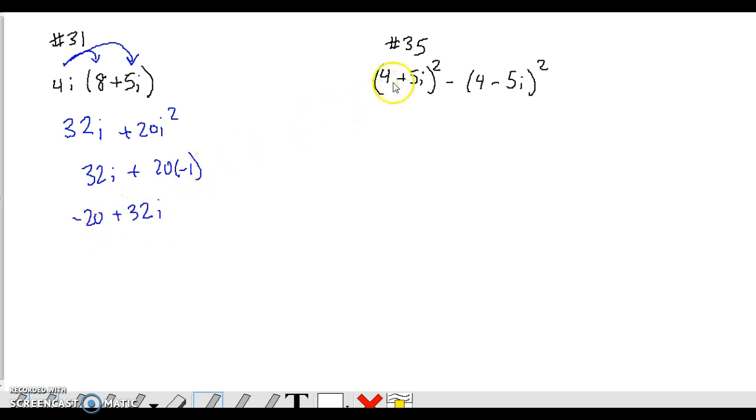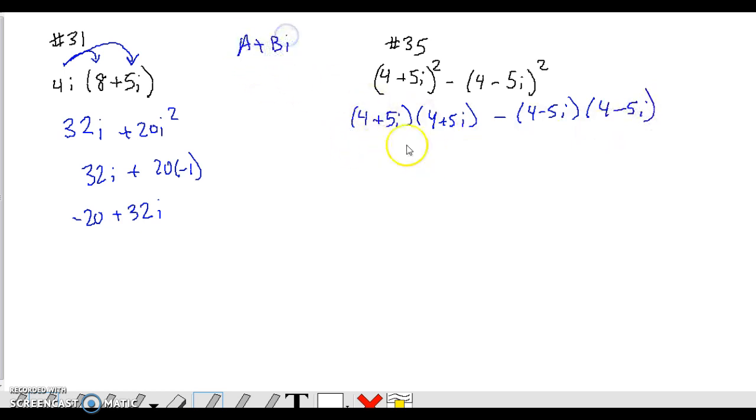And then for 35, this one's a little bit more complicated. We cannot just distribute our exponent, so we do have to write this out twice. Be careful, there's a subtraction sign, so that means that once we multiply these numbers together, that's when we will subtract. Again, all of our answers should always be written in a plus bi.